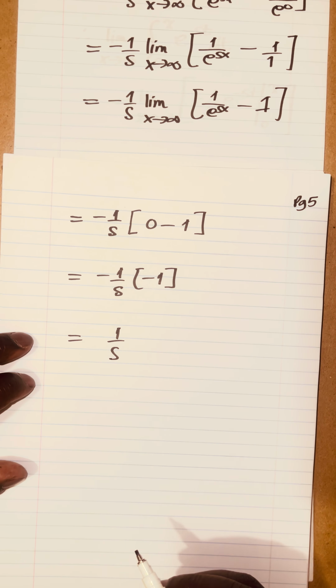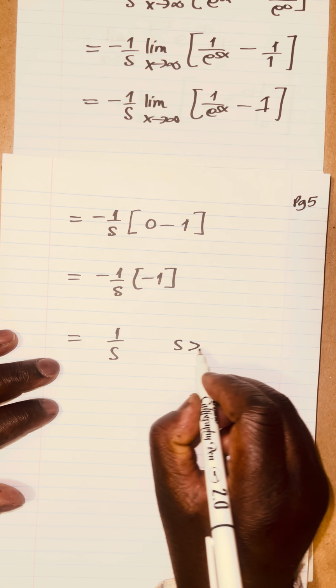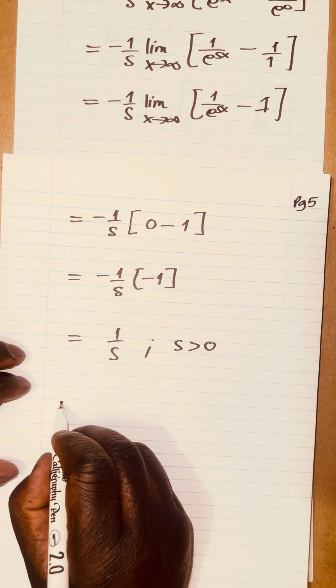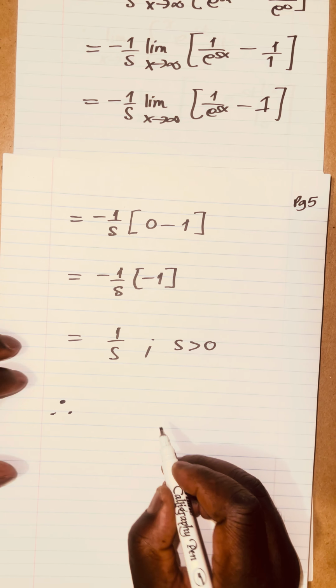But then again, we must understand that this is true because the assumption is s is greater than 0. So we can now conclude, and I'm going to explain briefly why I'm saying s must be greater than 0.